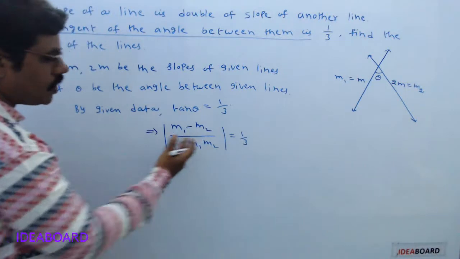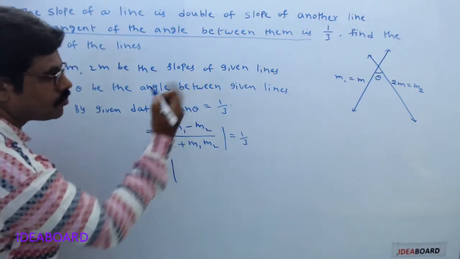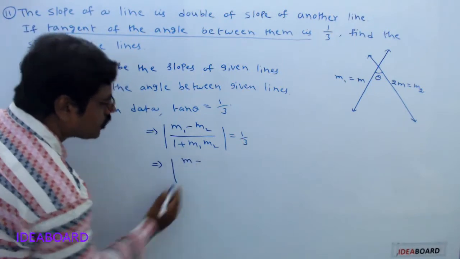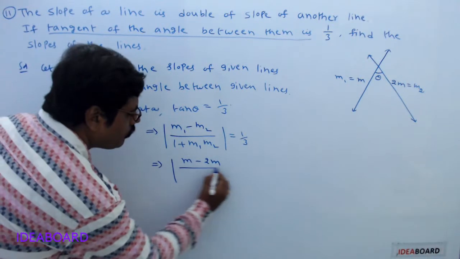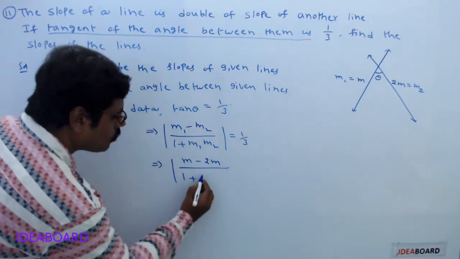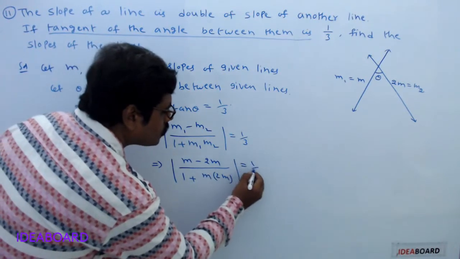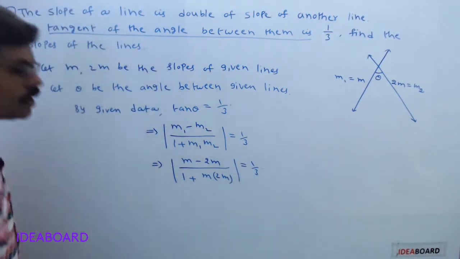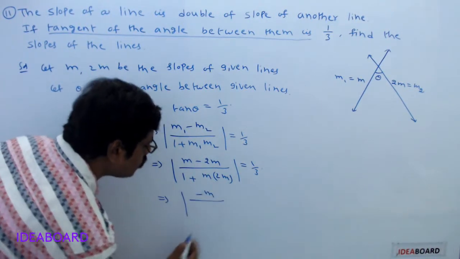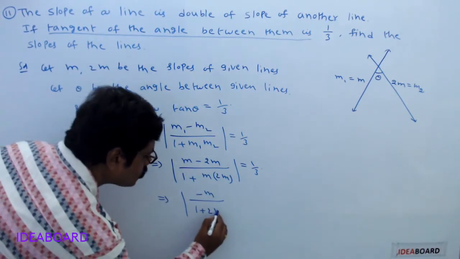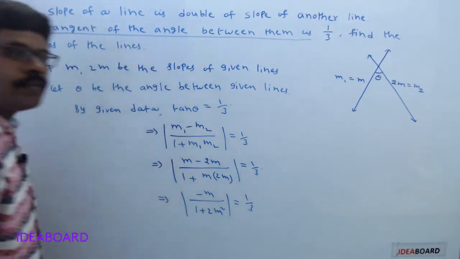Now substitute the values in this formula. This implies modulus of m minus 2m divided by 1 plus m into 2m equals 1 divided by 3. So from this, modulus of minus m divided by 1 plus 2m square equals 1 divided by 3.